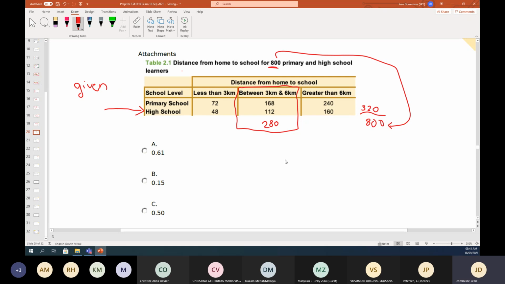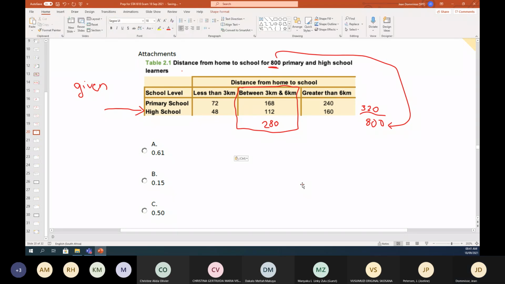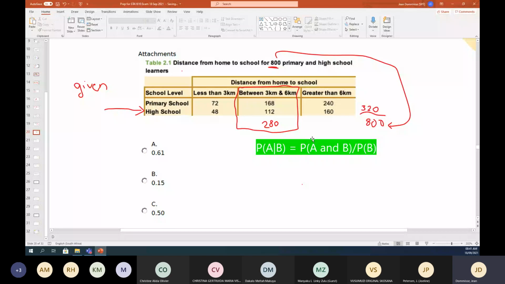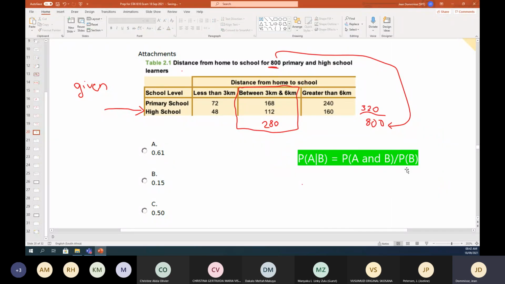Okay, so let's just write that down. If we look at the conditional formulas, let me quickly see if I can copy that out here, then I don't need to write it down. Okay, so that is the formula that we are looking at.